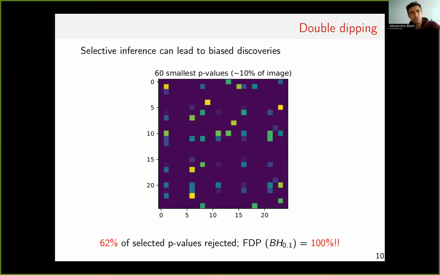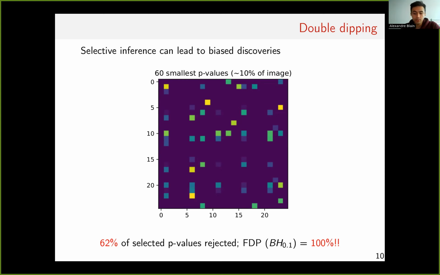So this is why you have 100% false positives. So you see that you're taking enormous risks on this subset for no reason, since there is nothing to find, but simply because you perform a selection step that is dependent on the data, and you have not taken this into account. So this is really the problem that we are trying to tackle.